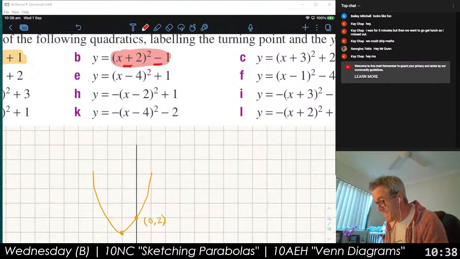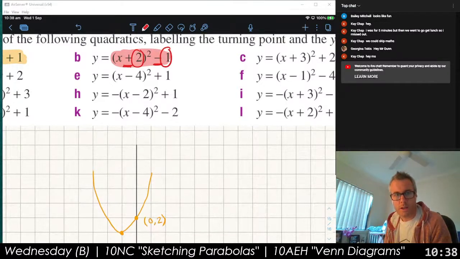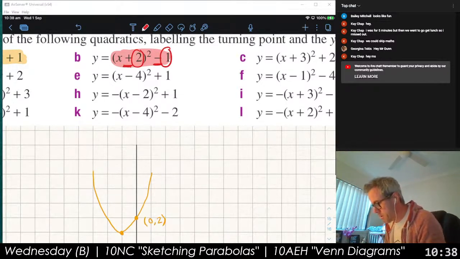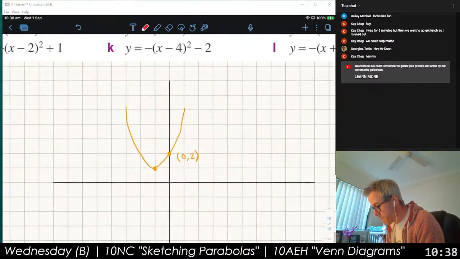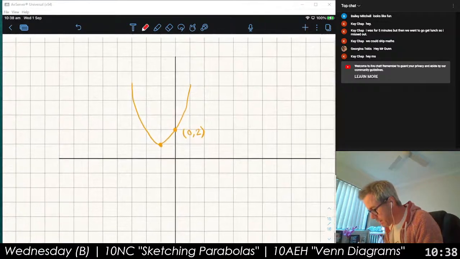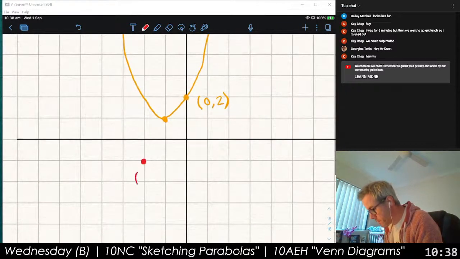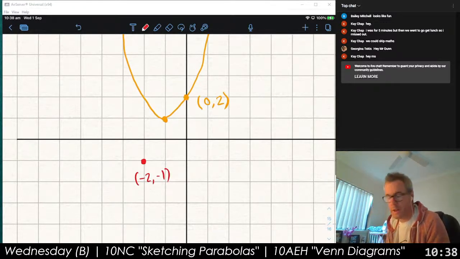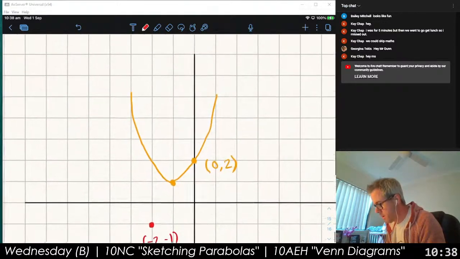So I can tell that both of these values are negative values. So my turning point is going to be -2, -1. If I go here, -2, -1, there it is there. -2 along my x-axis, -1 down my y-axis.